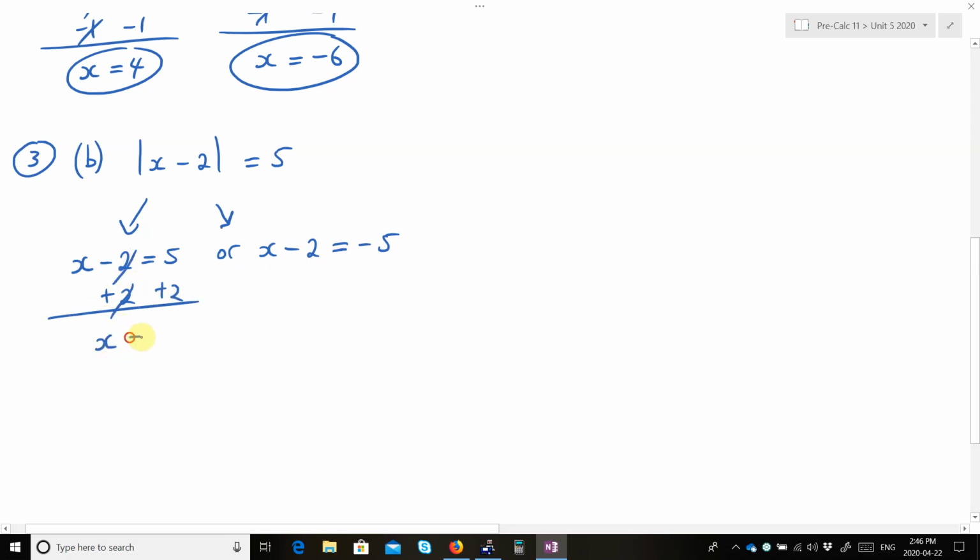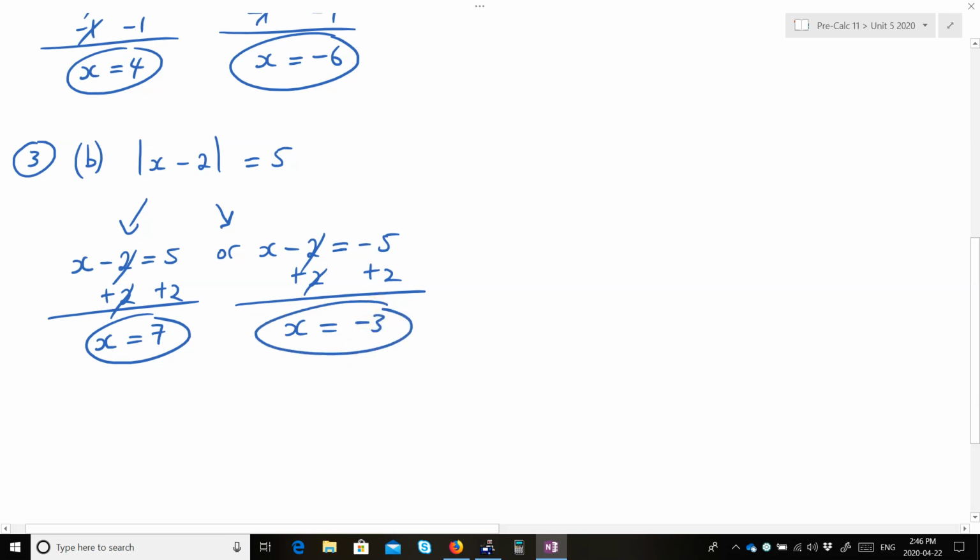In which case, we get x equals 7, and over here we get x equals negative 3. Going back to the original equation, 7 minus 2 is 5. The absolute value of 5 is 5. That works. Negative 3 in for x, minus 2 is negative 5, but the absolute value of that is positive 5. So both of those answers work.